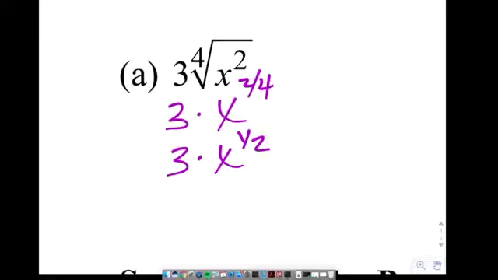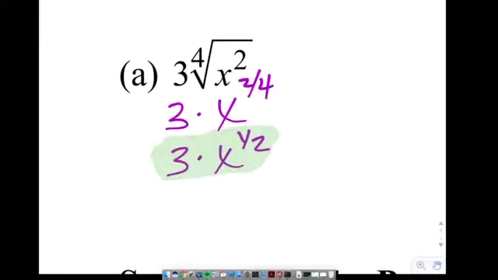Now, in terms of a final answer, I'll accept either of 2 final answers on a free response unless I specifically tell you, like, have no negative exponents in your final answer or have no fractional exponents in your final answer. I consider 3x to the 1/2 a perfectly legitimately simplified answer. But if it's a multiple choice question, this may not be an answer choice.